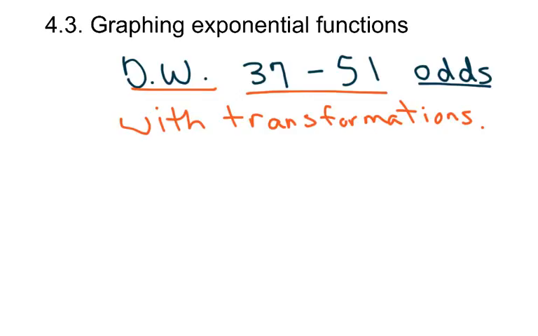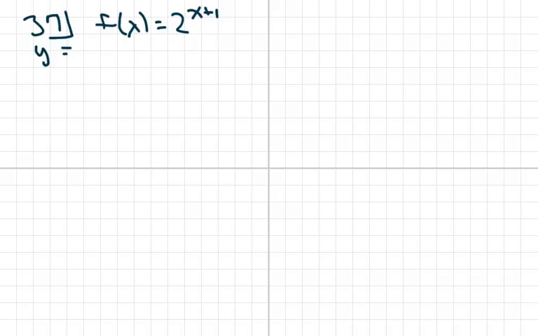So we're going to start with 37, and 37 is f of x equals 2 to the x plus 1. So we're going to use the graph of y equals 2 to the x and shift it up by 1.